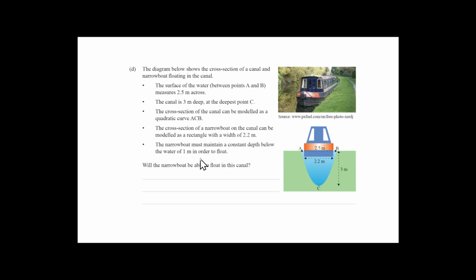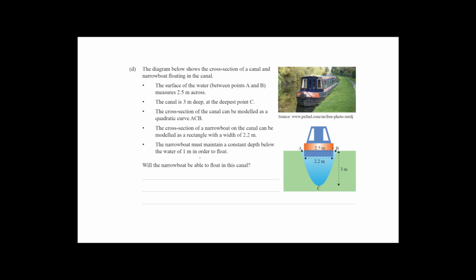Canal is 3 meters deep, but only at that one point. Okay. The cross-section can be modeled as a quadratic curve. Why don't they just say parabola? Okay. So that's a parabola. The cross-section is 2.2, so we're going to presume it's in the middle there.